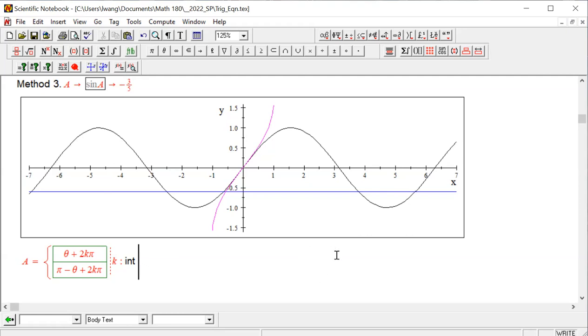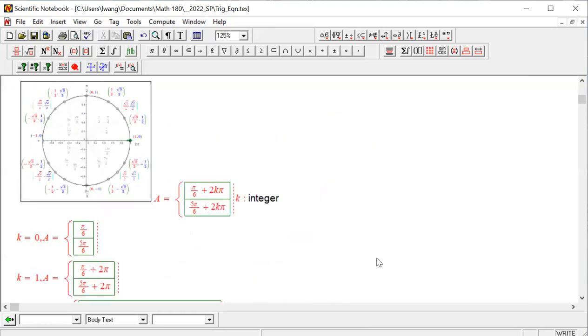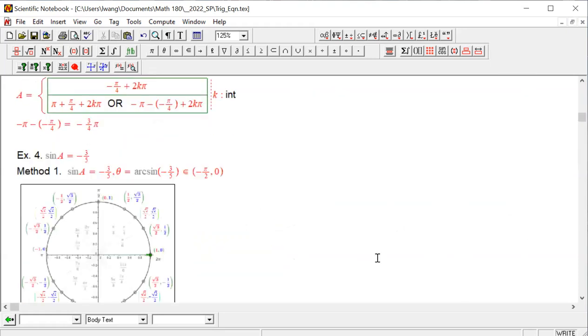So this is all the cases from special to non-special, to solve these simple trig equations. So that's what we have done this time.